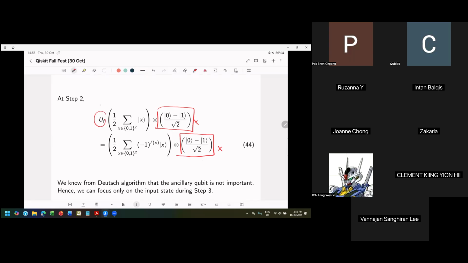So what is the effect of having the oracle on these complete states? It will just introduce this thing, right?